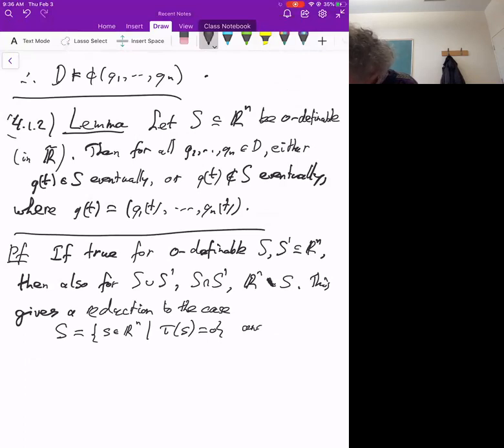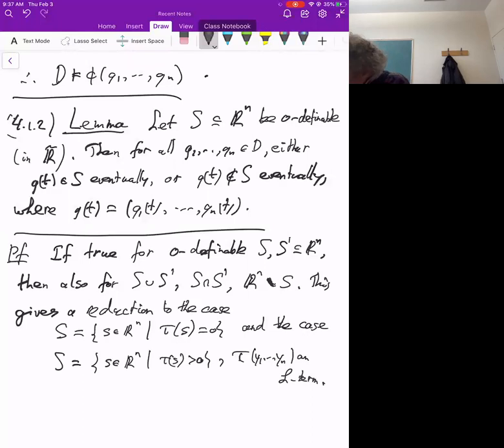There are two cases: S is all the n-tuples in R^n where tau(s) is bigger than 0, and tau(y1, up to yn) an L-term. Okay.